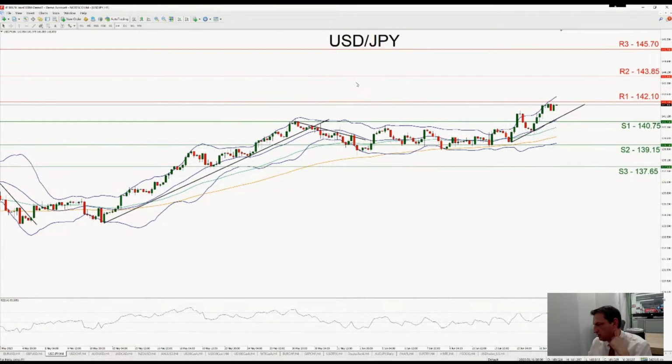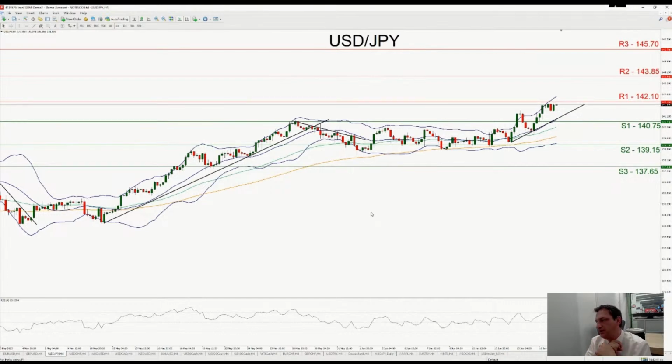For a bullish outlook, I would expect the price action to rise above the 142.10 and start aiming for the 143.85. The RSI indicator is nearing the reading of 70. It's actually at 65.1, more or less implying that there is a residue of bullish sentiment within the market, which could support an upward movement above the R1.